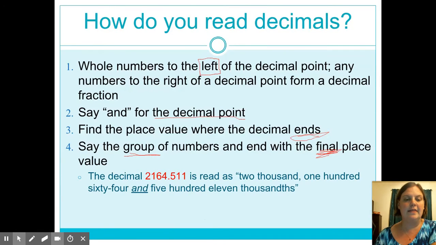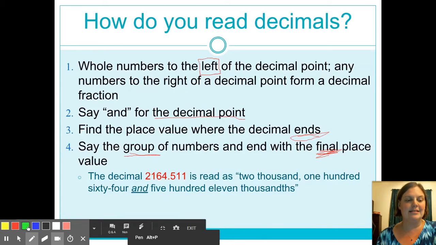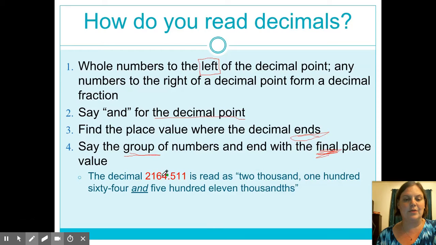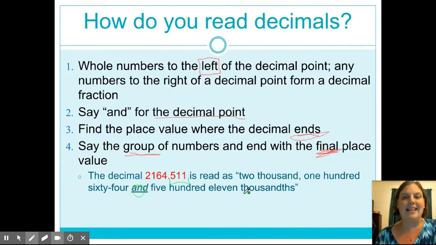The decimal 2,164.511 is read as 2,164, that's right here, and I know you all see this, "and." Notice I'm going to say this as a whole group, 511. 511 is something you know as a group, and it lands in the thousand spot.